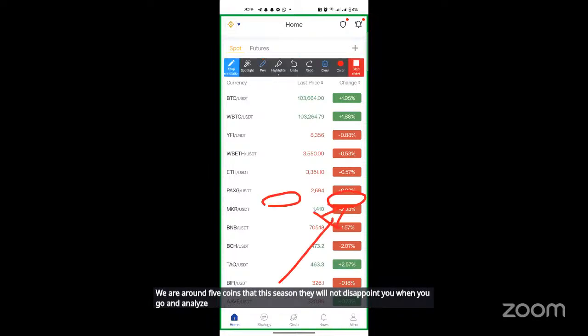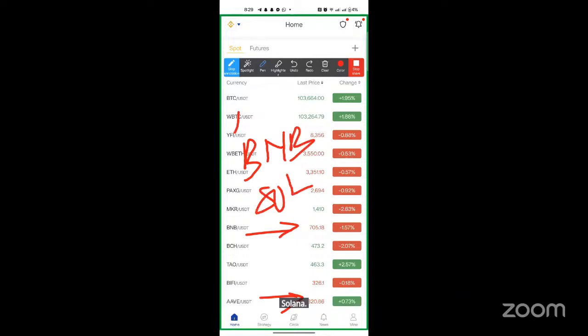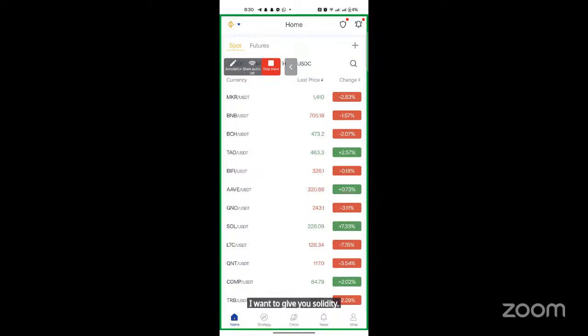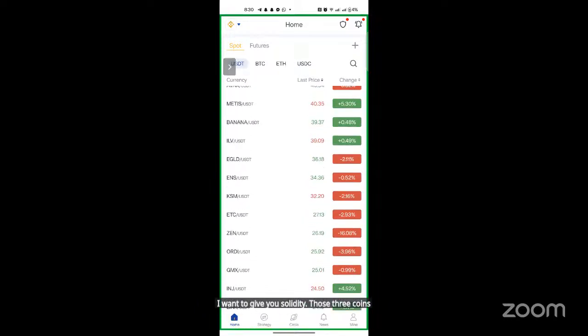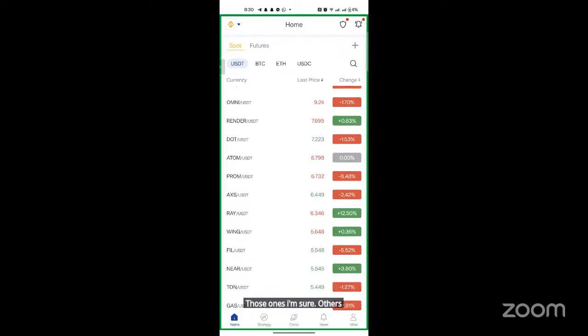Solana, BNB, Aave, these coins will not disappoint you this bull market. Those ones, I'm sure. For others there could be some gambling.